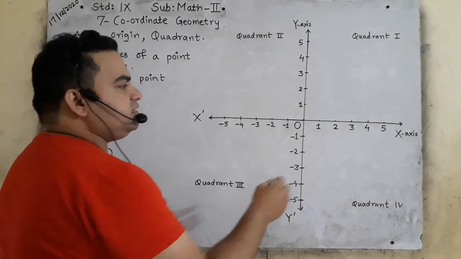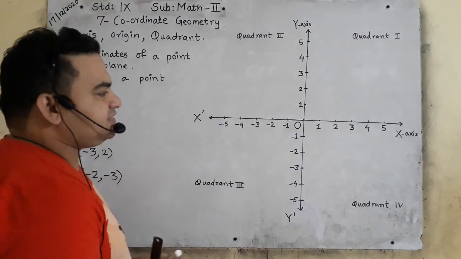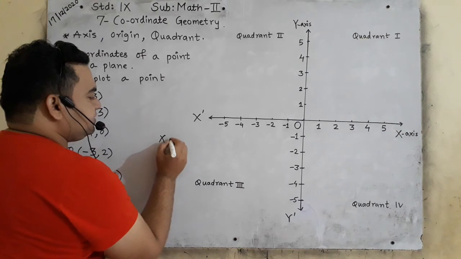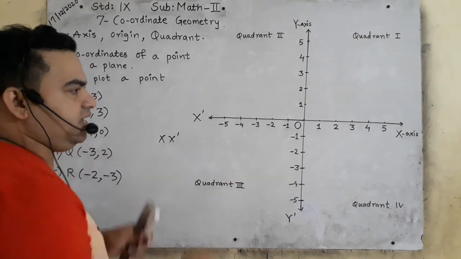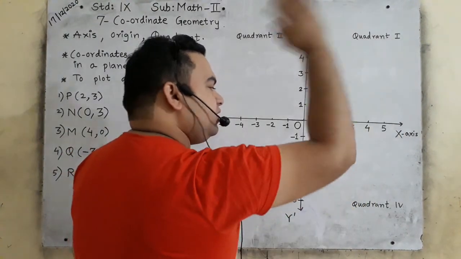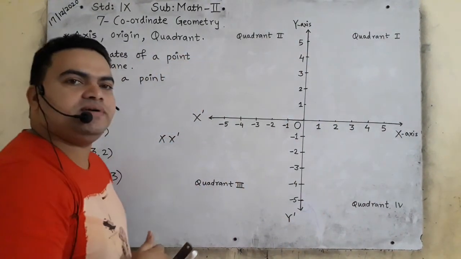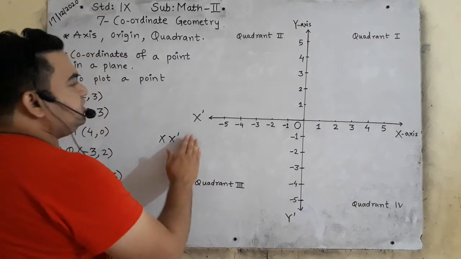Can you see here, this is x and this is x dash. So the x-axis is represented by x and x dash like this. This is the horizontal line. On the right hand side, all numbers are positive, increasing order. On the left hand side, all numbers are negative, decreasing order. Right? Now we will see the next one.